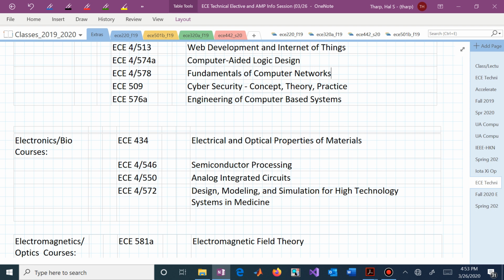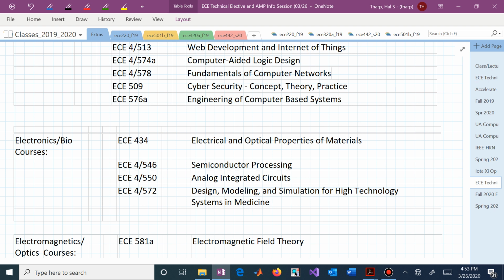Now in 351C, a lot of times you were interested in a single transistor. How do you package many, many different transistors into an integrated circuit? That's this 450, 550. And another one that I've lumped here, which could have been lumped maybe in the computer area, is design, modeling, and simulation for high technology systems in medicine.